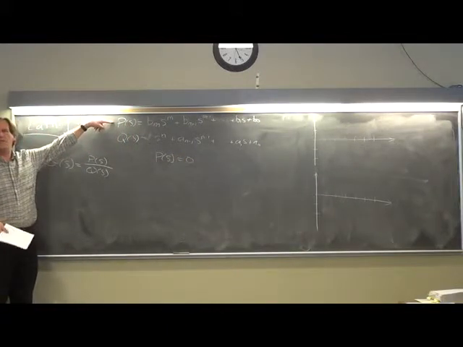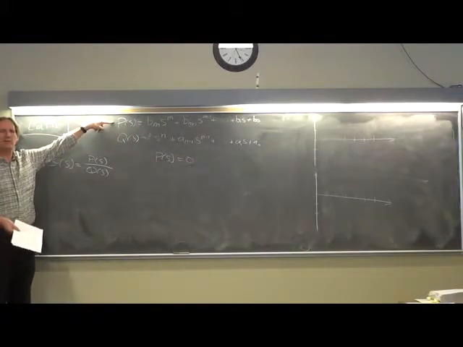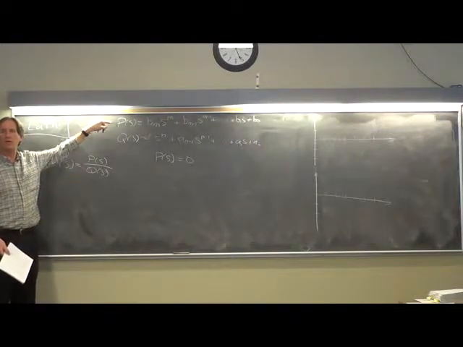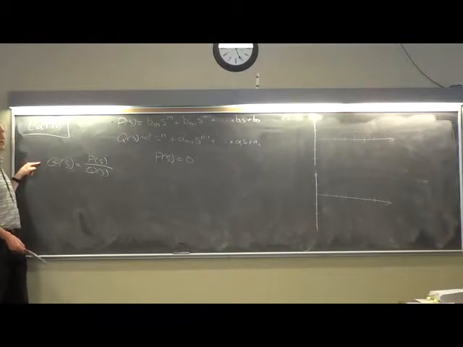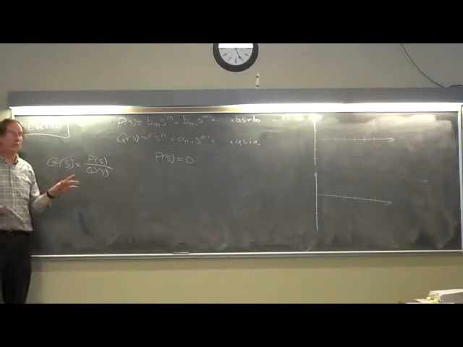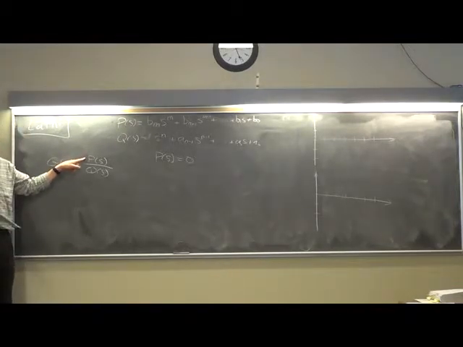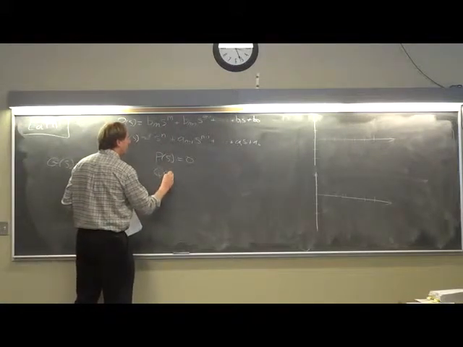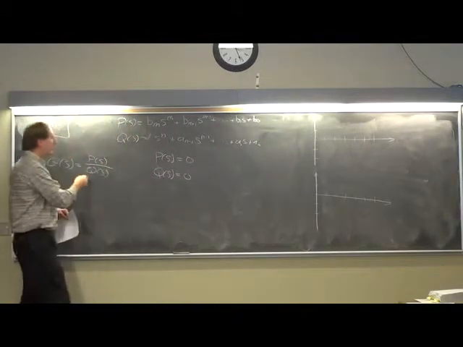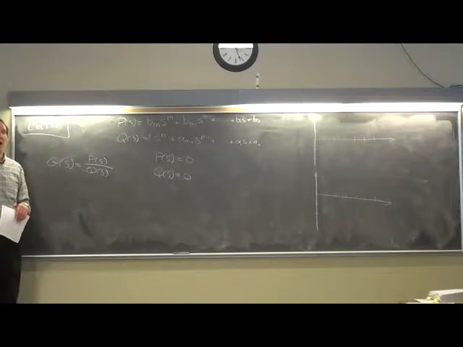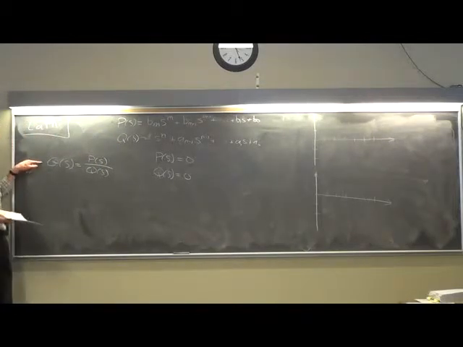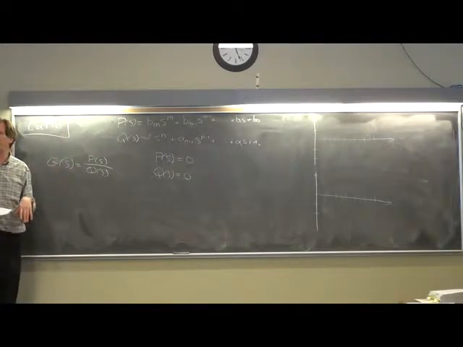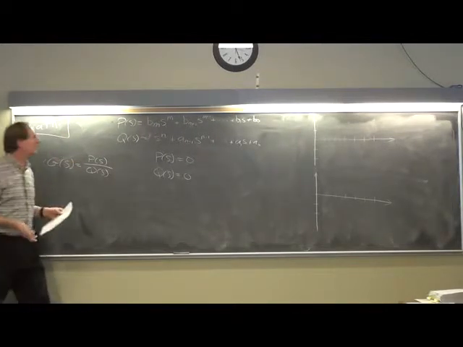Anywhere we can find a value for s that makes this polynomial equal to 0, we found a frequency where this system will have no output because p is 0. Anywhere we find a solution to q equal to 0, we found a frequency where this system is not stable. The output is infinity. We're dividing by 0.